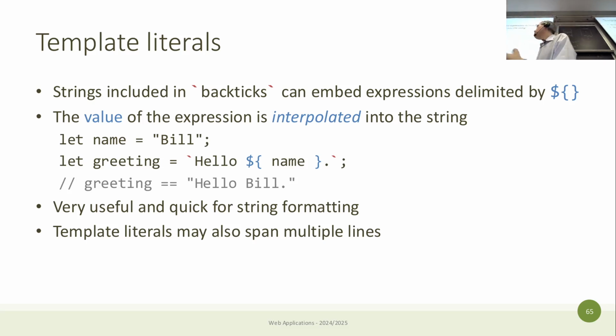Very intuitive, I would say, right? It's very useful for formatting strings in short. The other thing you should notice is that when you start a string with the backticks, you can go to multiple lines. It sometimes is convenient, which is not so easy with the other ways of writing strings.